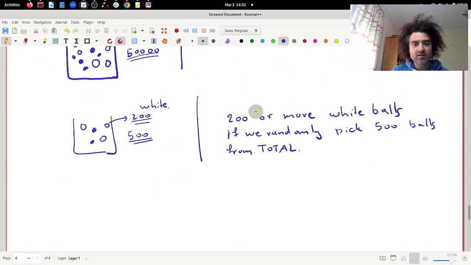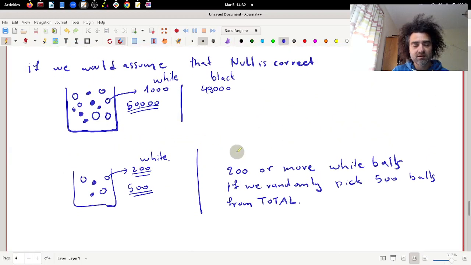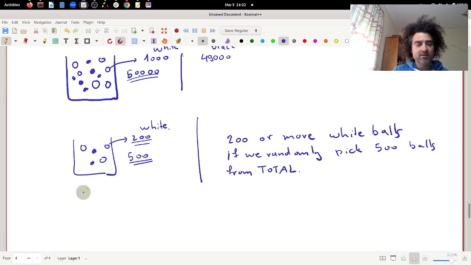So in order to assess this probability, we use a distribution which is called hypergeometric, and it has the following parameters. The first parameter is the number of successes, or the number of white balls that we got eventually.